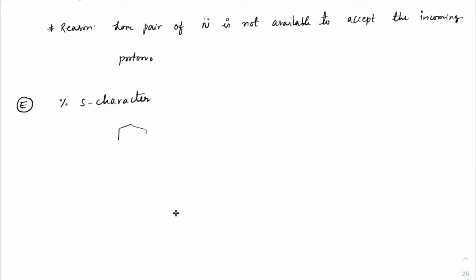Suppose you have a lone pair present on this nitrogen, which is sp3 hybridized, while the lone pair present on pyridine is sp2 hybridized, and the lone pair present on nitrogen here is sp hybridized. So this is sp3, sp2, and sp hybridized. Now tell me which one will be more basic here.